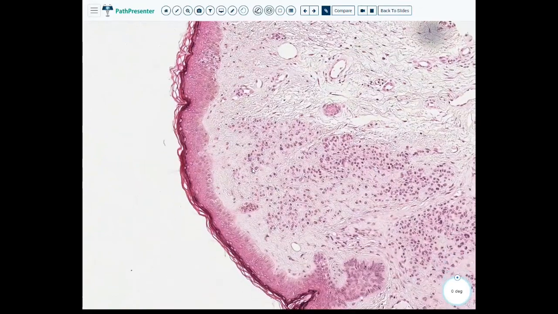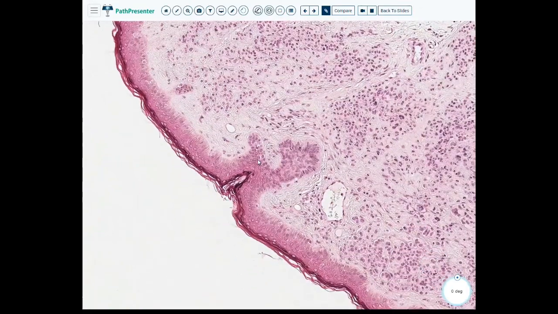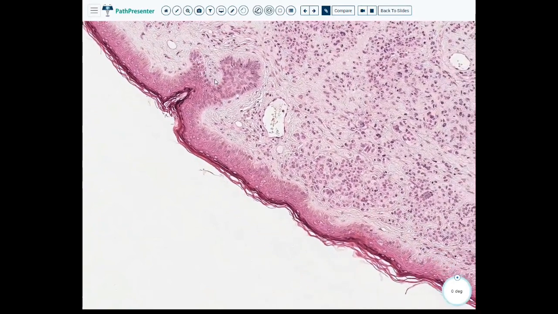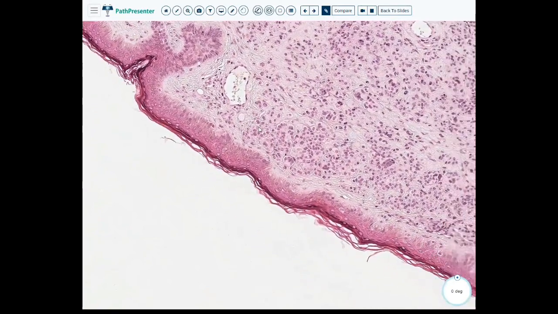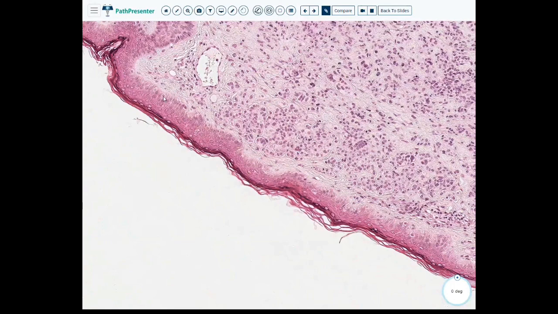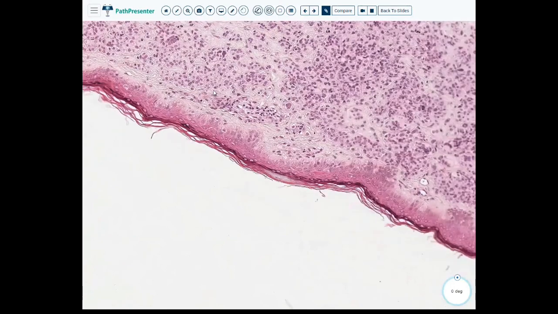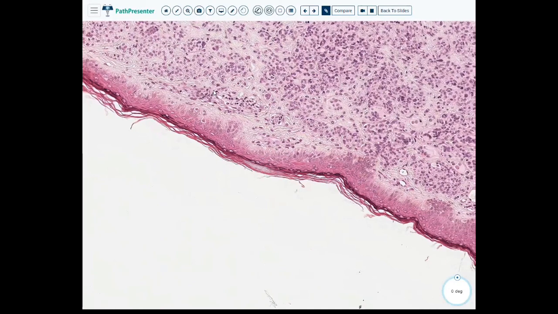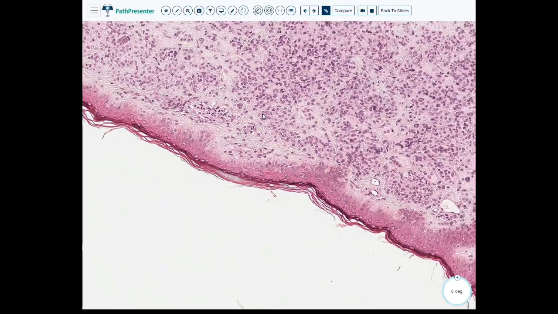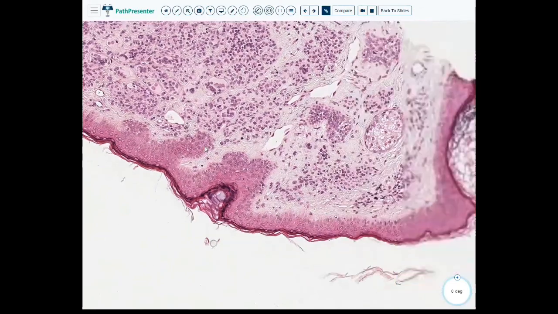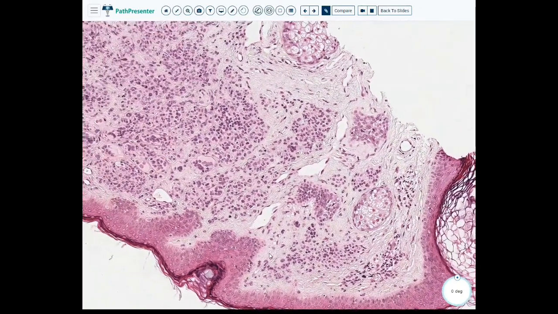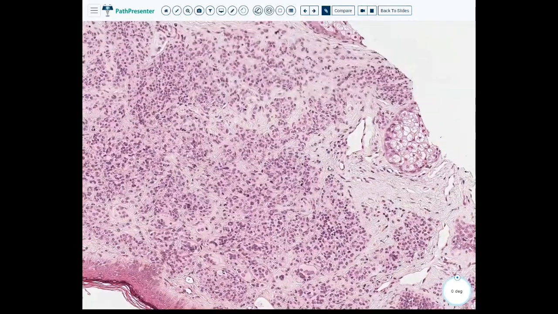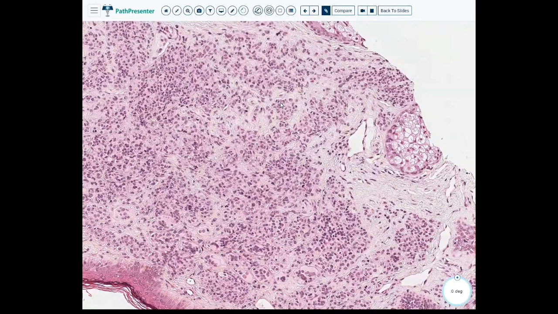So we'll check the epidermis quick here again. Now remember, you are allowed to have scattered melanocytes within the basal layers of the epidermis. That's normal. So without a true nest of them, you wouldn't want to say that you have an epidermal component.